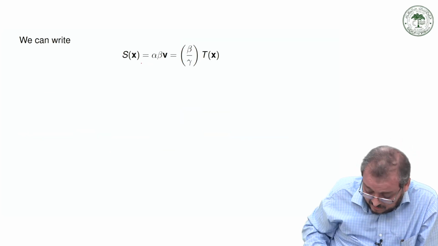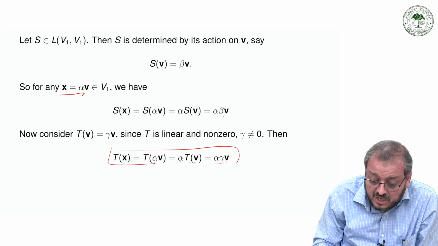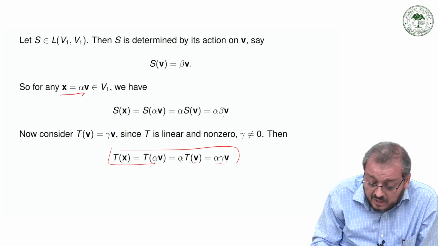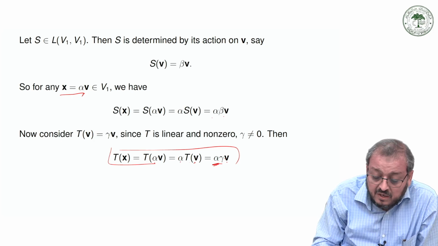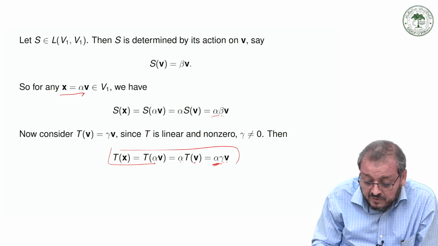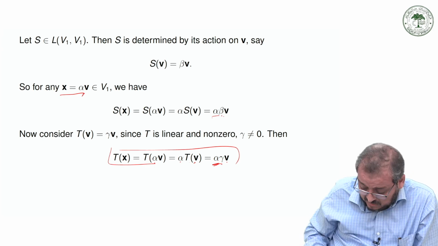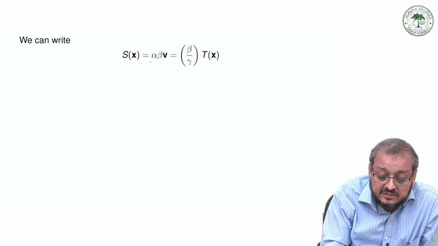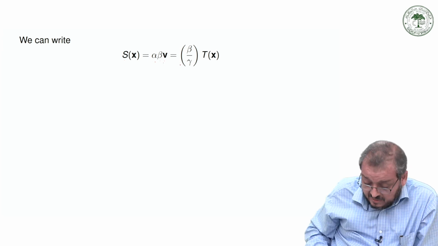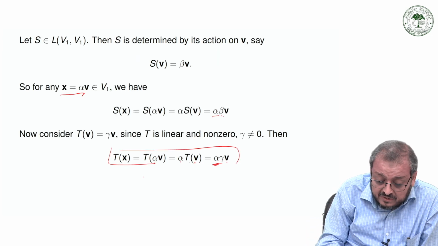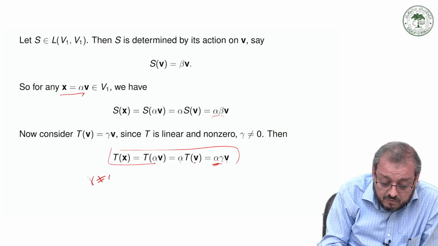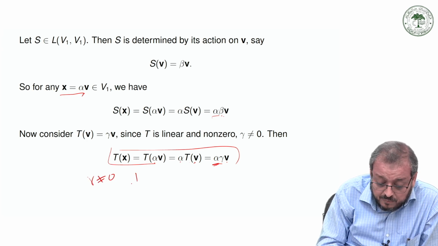So S of x equals alpha beta V. Because gamma is not equal to 0, the inverse of gamma, 1 upon gamma, exists.